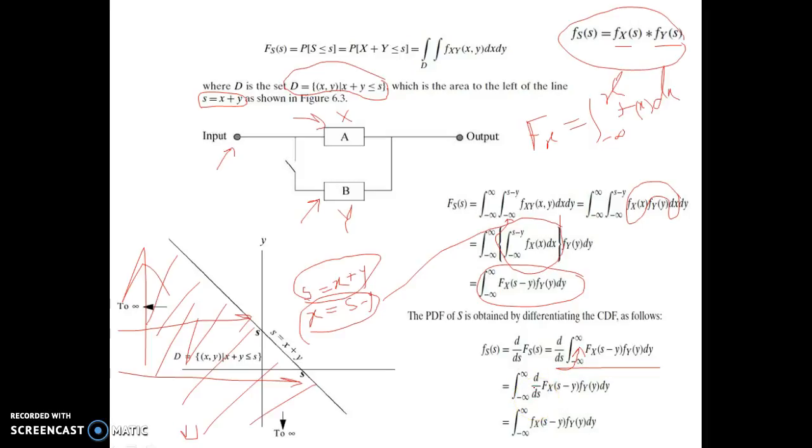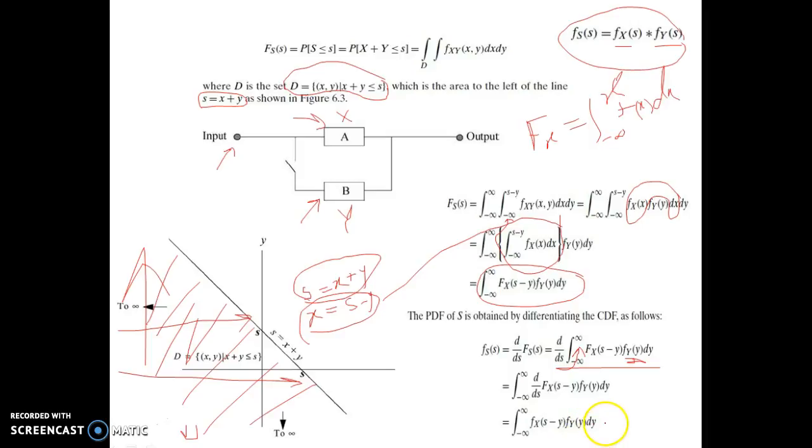When we apply the differentiation, the term f of y has no s in it, only y, so it is not a function of s. But the CDF of x evaluated at s minus y has s in it, so it is differentiated with respect to s. This simply gives the PDF of x evaluated at s minus y.